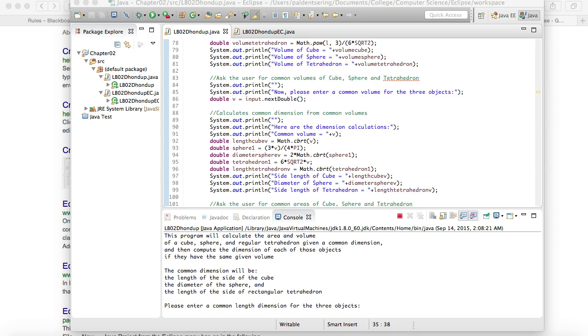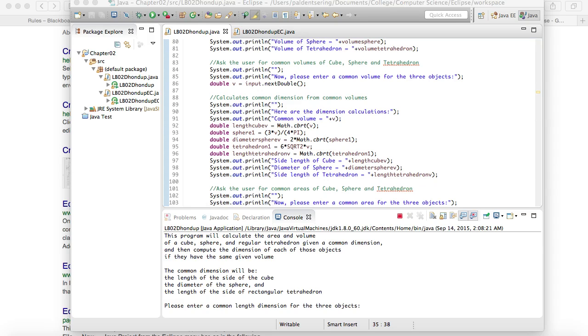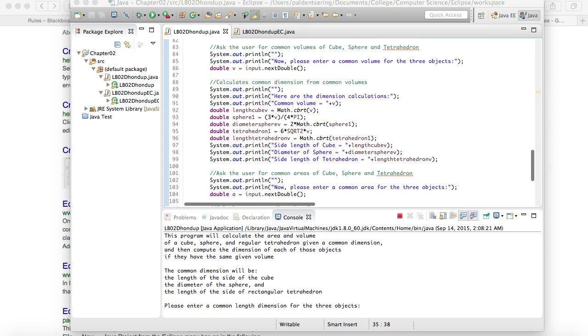To find the common length, I just solved for x from the volume formula, x being the common length of the object. After you solve it, you get a formula, and I input the formula in the program, and it's going to give you all the lengths and diameters.